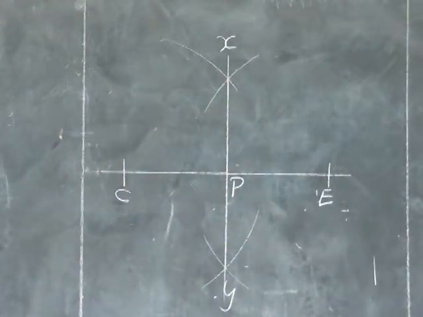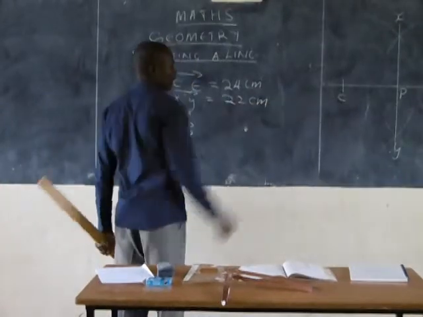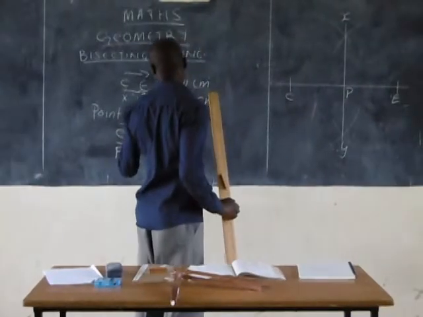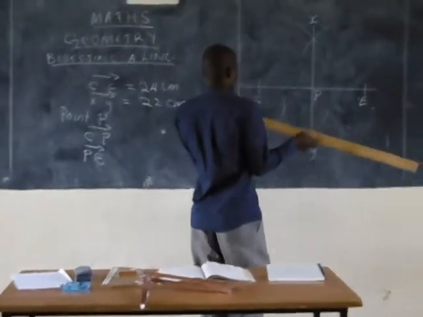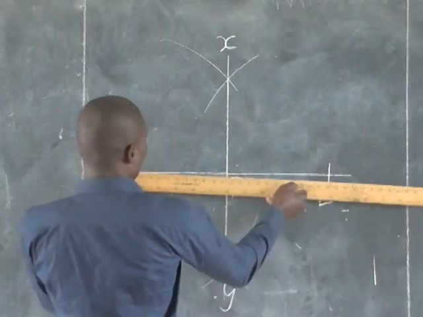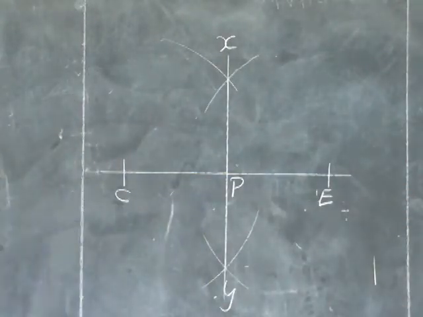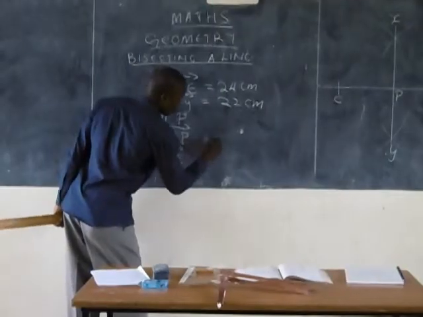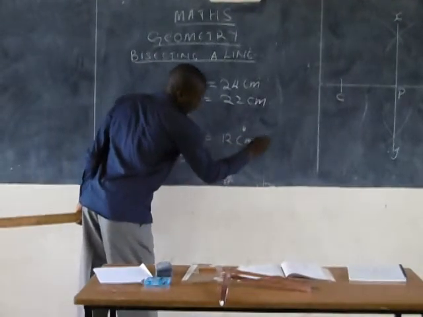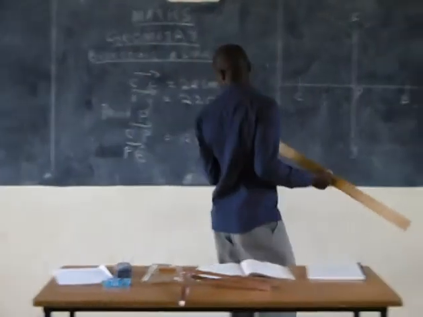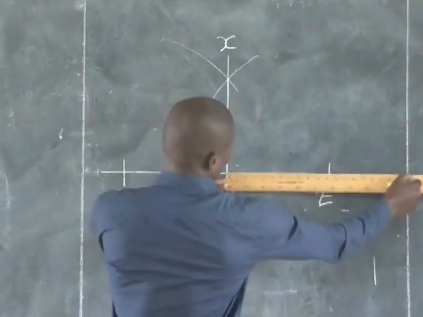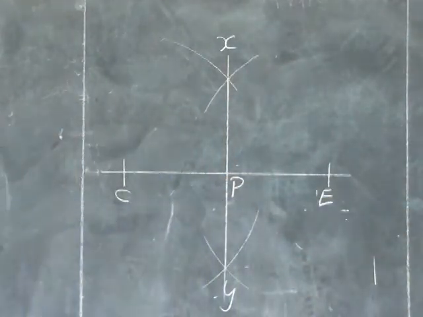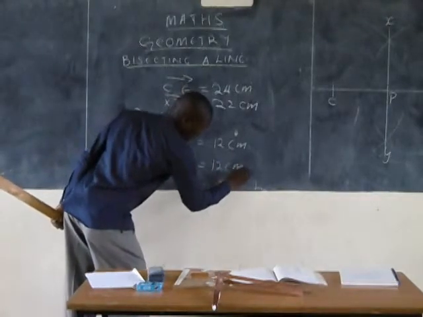We have 22 centimeters. Let us go to CP. Very good. I have 12 centimeters. Let us go to PE. Very good. I've got it to be 12 centimeters.